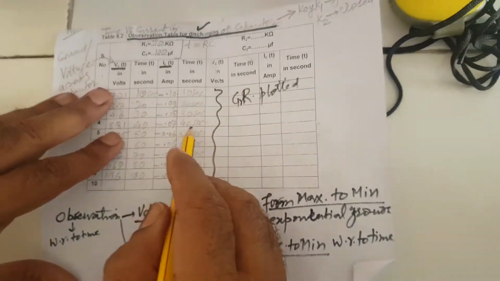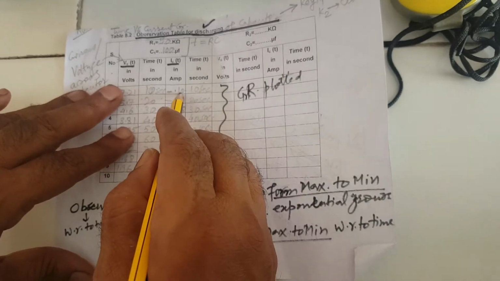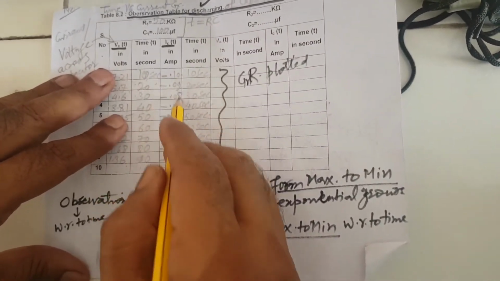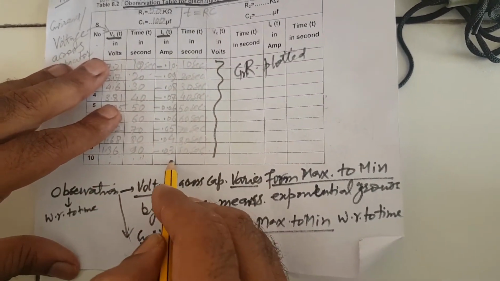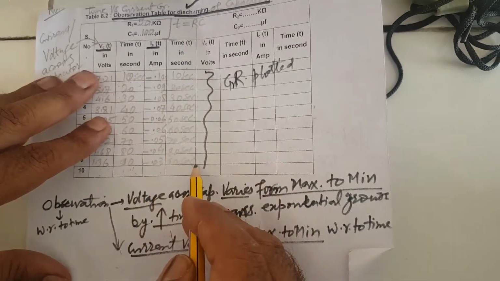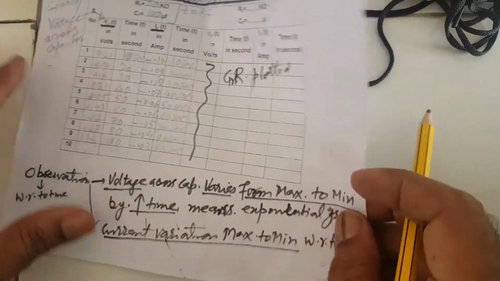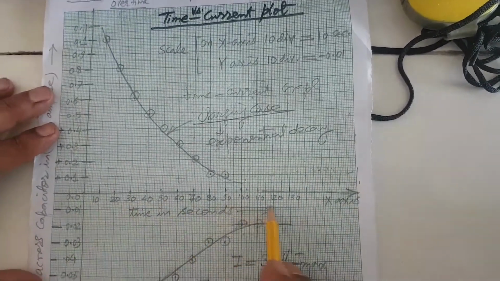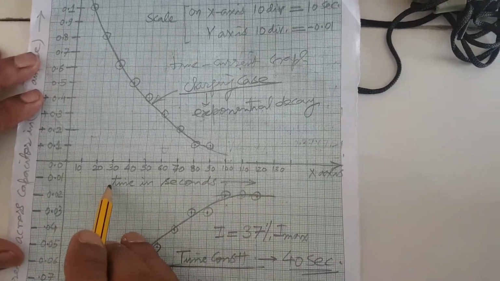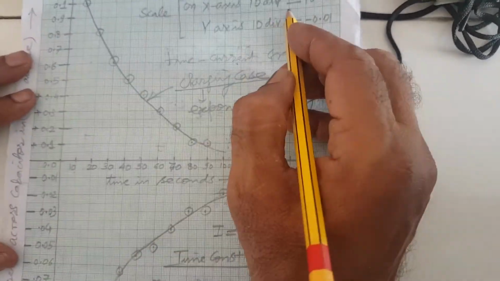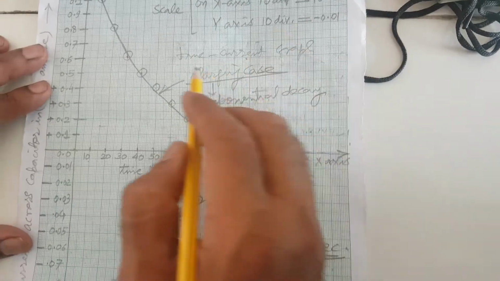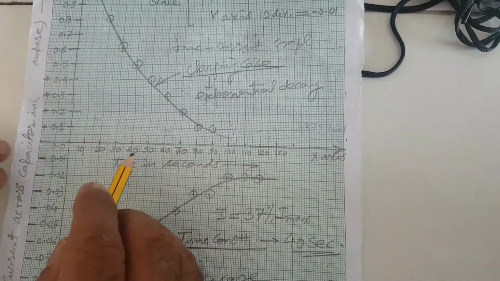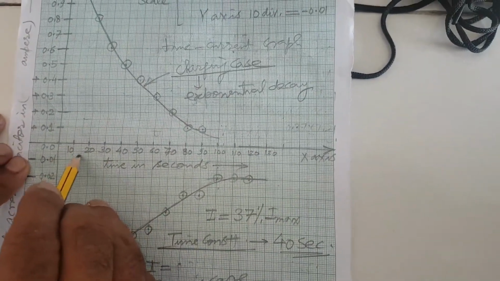Hence the current value gradually decreases as time increases, and by these observations we have plotted the graph of time versus current, where time is taken on the x-axis in seconds. The minimum reading, and 10 divisions is equal to 10 seconds.